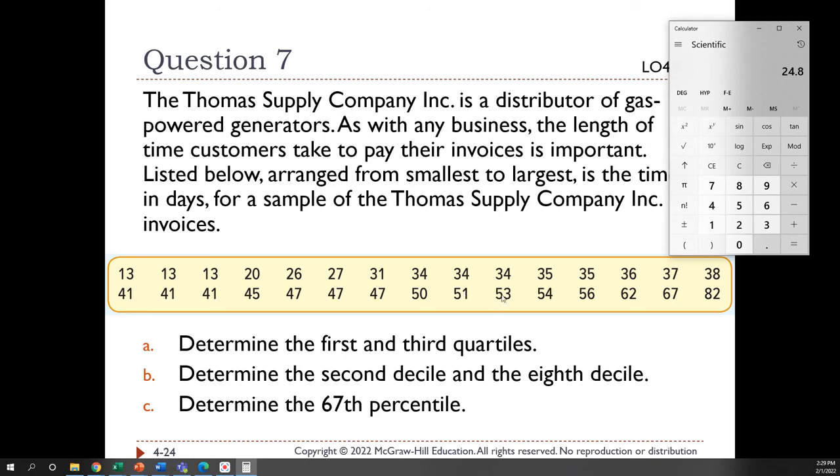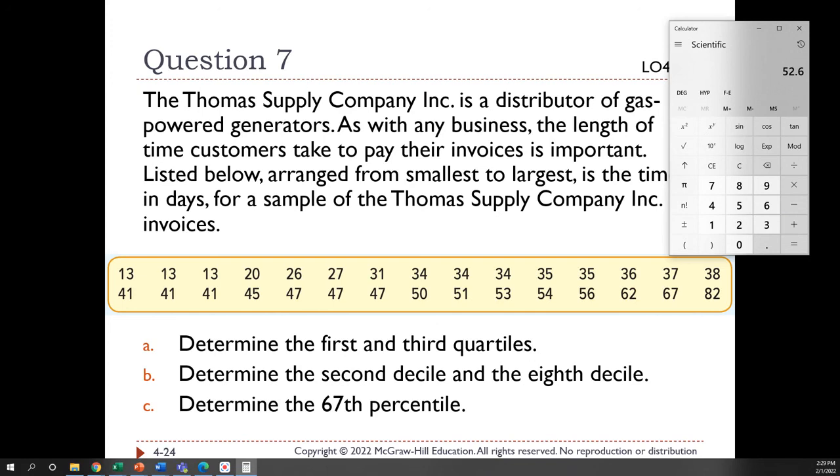Now we're at 24 and 25. So we're looking for 24.8, which is in between 53 and 51. So 53 minus 51, times by 0.8. We have 1.6. Add it to our lowest. Comes out to 52.6. There's our 8th decile.